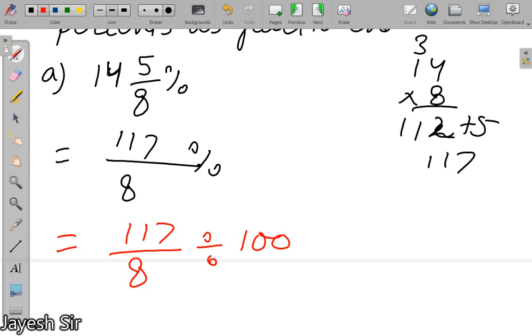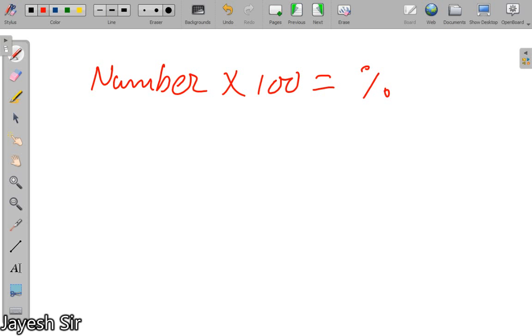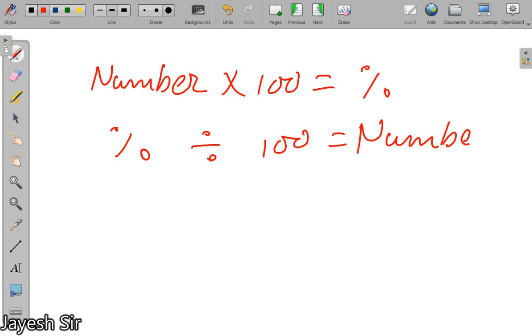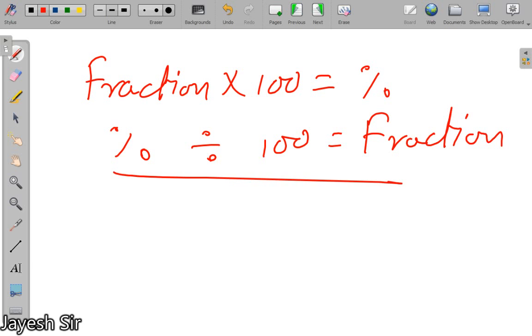Okay, let me make a diagram for you. Number into 100 is equal to percentage, or percentage divided by 100 is equal to number. And instead of number you can say fraction. Clear enough?